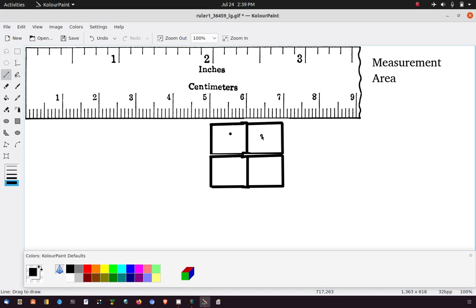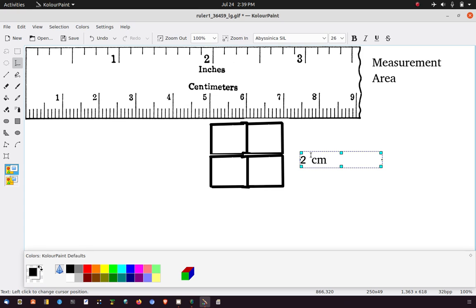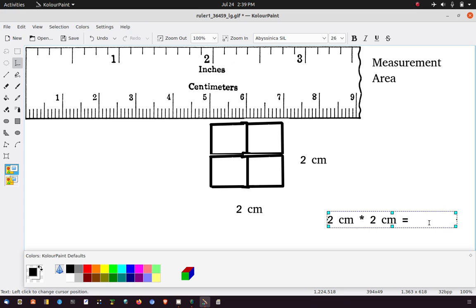I have 1, 2, 3, 4. 4 squares. And each of them is a centimeter. So what I have here is a height of 2 centimeters and a width of 2 centimeters. So this gives me 2 centimeters multiplied by 2 centimeters, and that gives me a result equal to 4 centimeters squared.